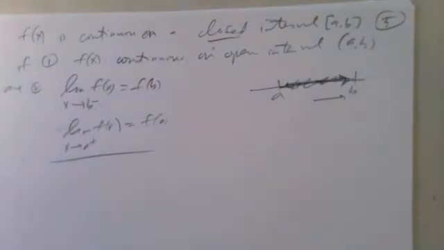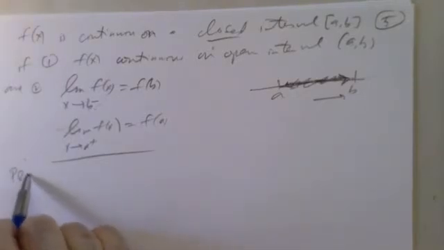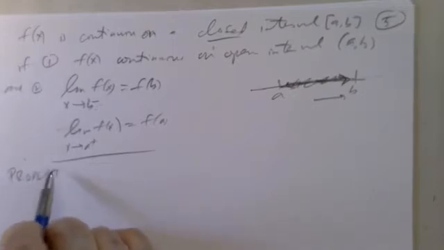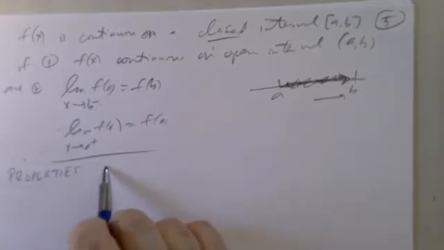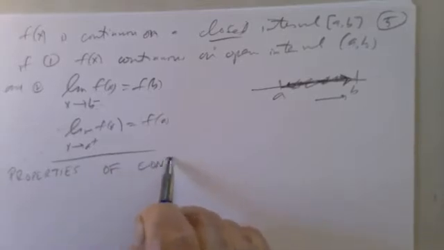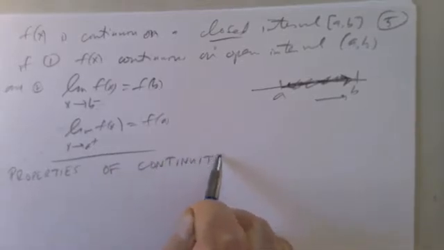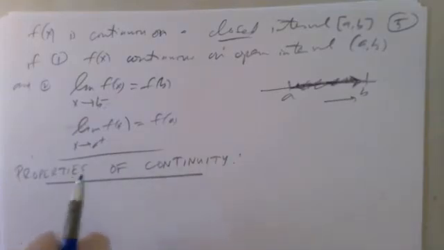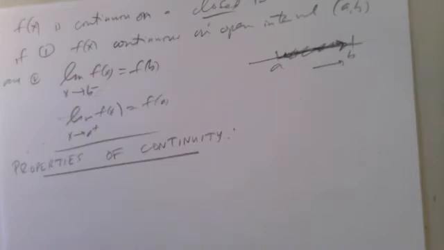So there are some basic properties of continuity that I will write down. And they're sort of the things you would expect, that if you take the sum or difference or quotient of continuous functions, they stay continuous.